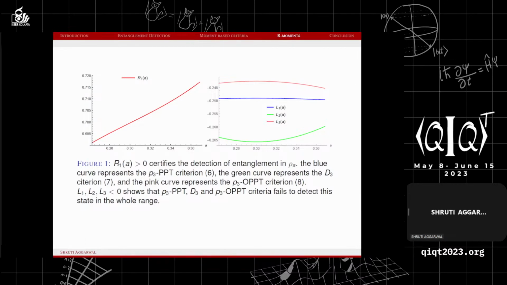Our criteria can detect this entangled state in the whole family, since R1 is greater than 0.